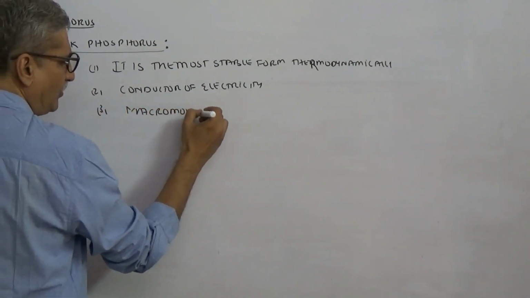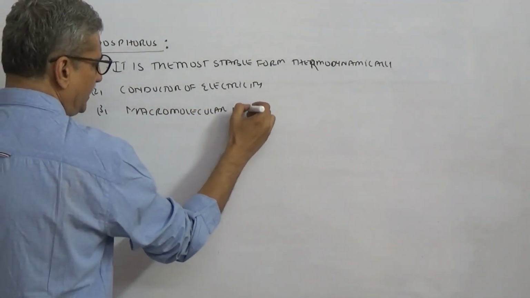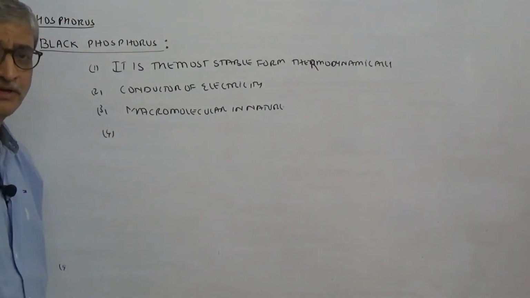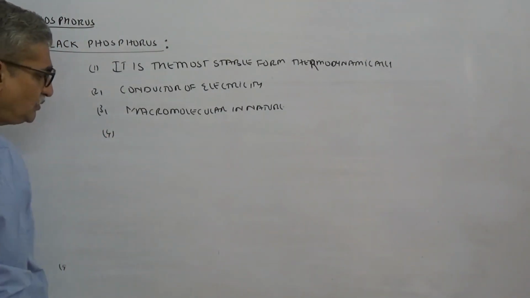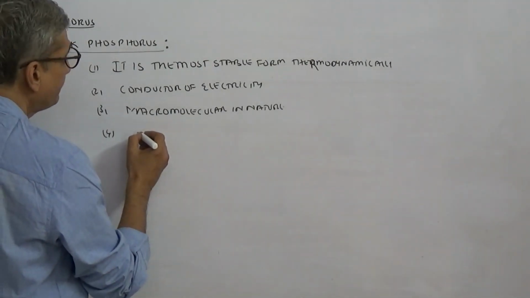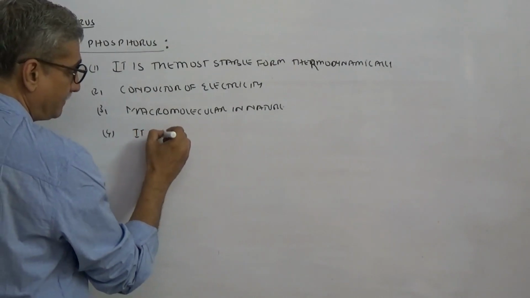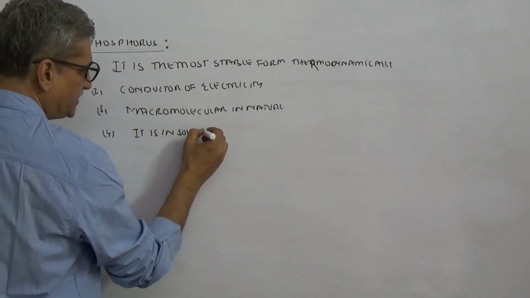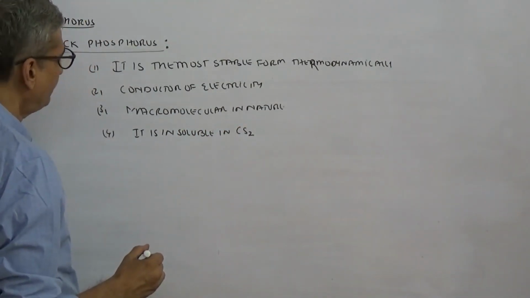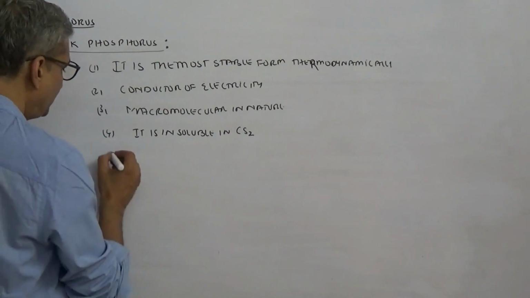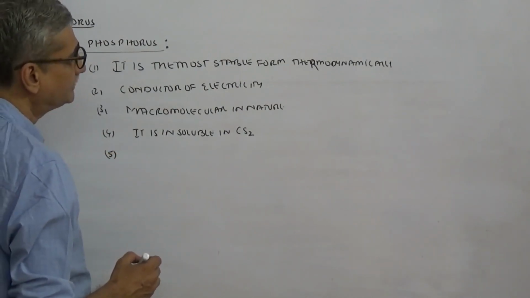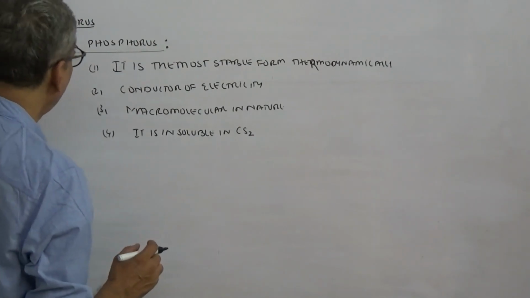And it is insoluble in carbon disulfide. So these are the points about black phosphorus.